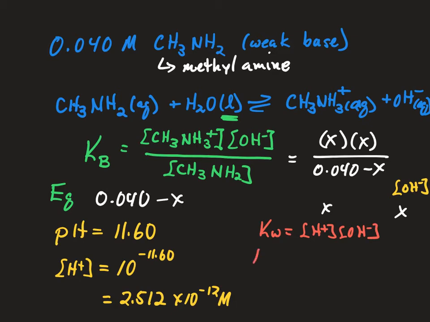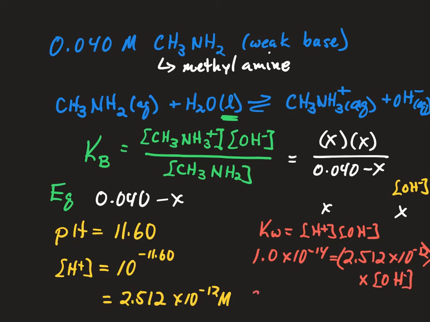So we have 1.0 times 10 to the minus 14th is equal to 2.512 times 10 to the minus 12th times our concentration of hydroxide ions.